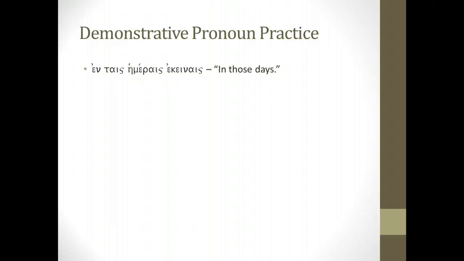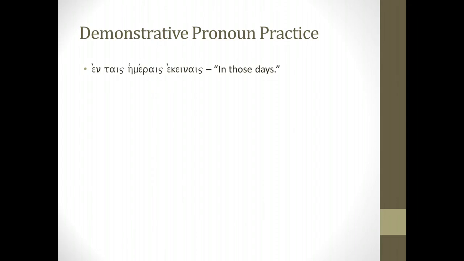You don't translate that definite article. The demonstrative sort of overrides it, so instead of saying in those the days, you simply translate it in good English, in those days. Notice also that there is agreement of gender, number, and case. Hēmerais is a feminine plural dative, and your demonstrative there is also in the feminine plural dative.